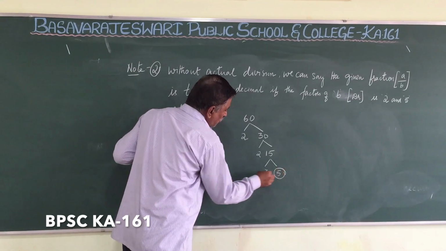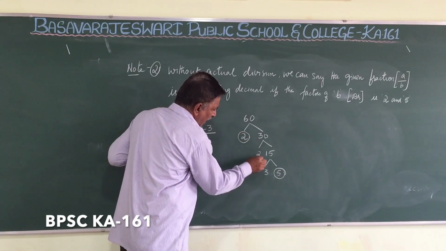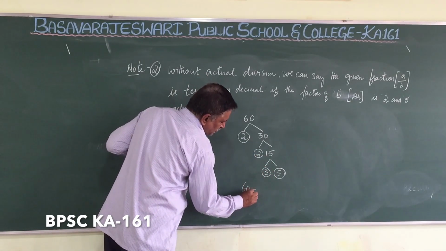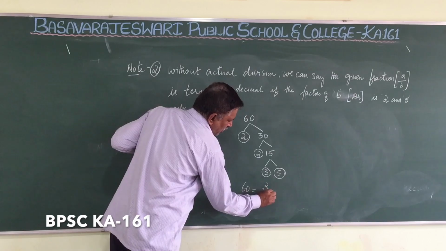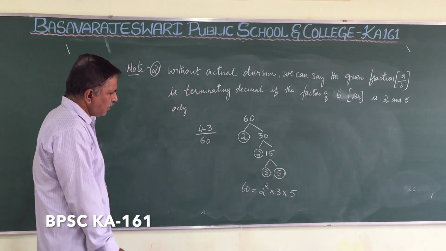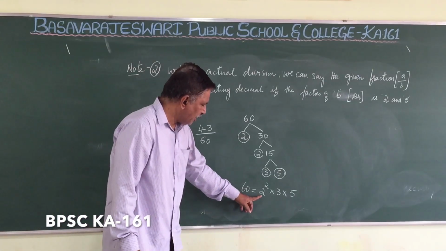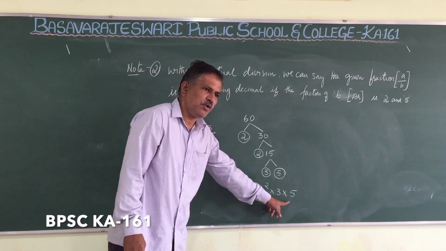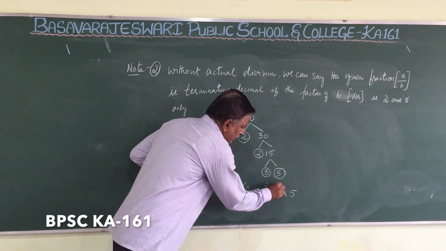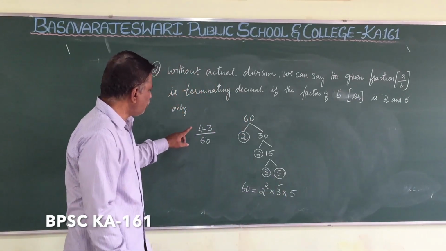The factors of 60 are 2 square into 3 into 5. Very clearly, we should get 2 or 5, or both 2 and 5. But here, other than that, we got 3 also.